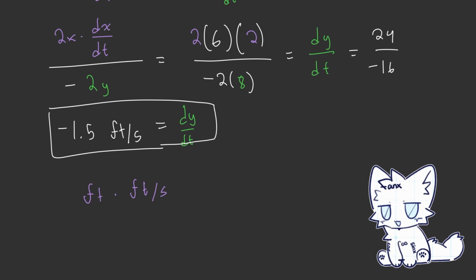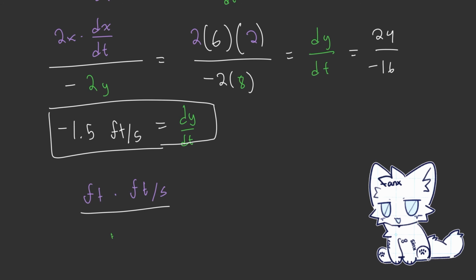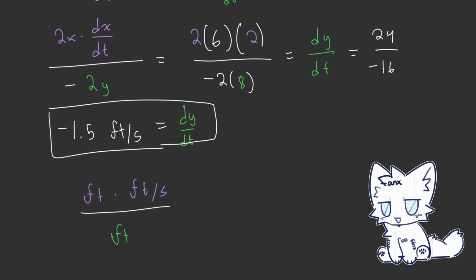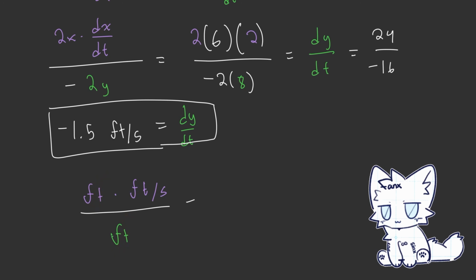Feet per second, with that feet per second squared. Over 2y, which was a feet as well. These cancel, and this returns our answer of dy dt feet per second. And we know that it's correct.